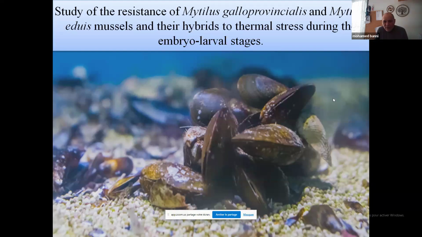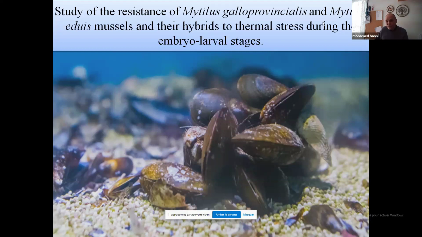The consequence of this coexistence is a phenomenon called hybridization, and you will have the creation of hybrids. One of the main problems with hybrids is that they could not reproduce. In this case, we are probably facing one of the crucial episodes of species extinction, because if hybrids are unable to reproduce, the species will go to nothing.